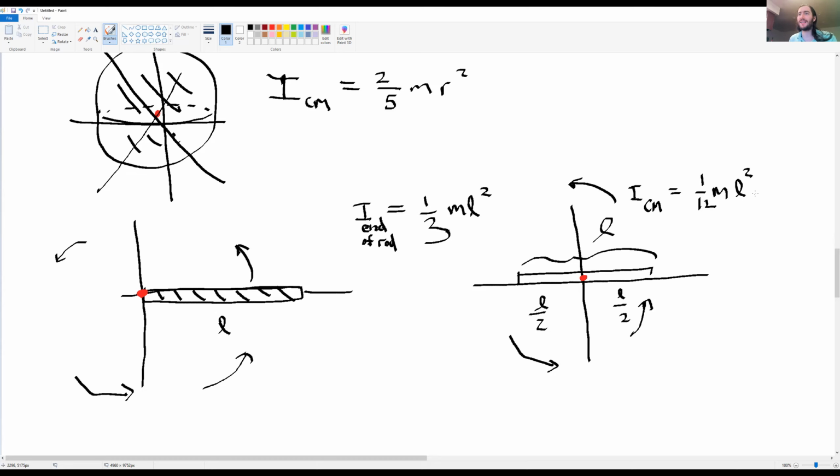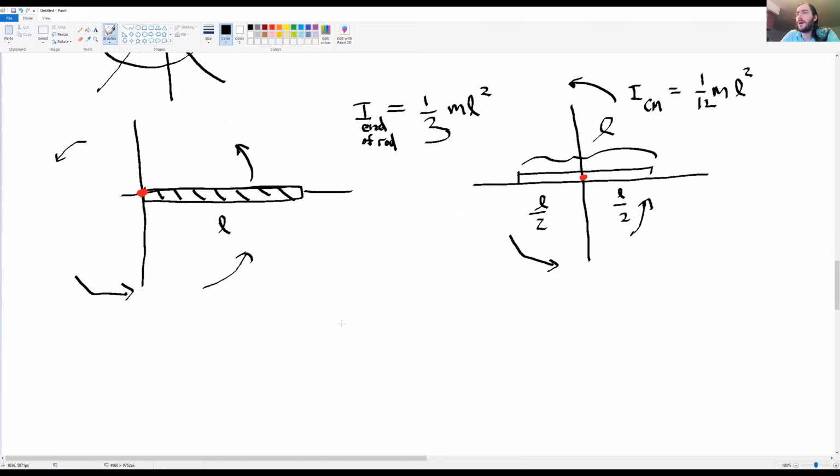Now, this highlights the challenge of rotating objects about a point that is not their center of mass. 1/12 ML squared is much smaller than 1/3 ML squared, by a factor of 4. So rotating about the end of the rod gives a bigger moment of inertia than rotating it about its center of mass.